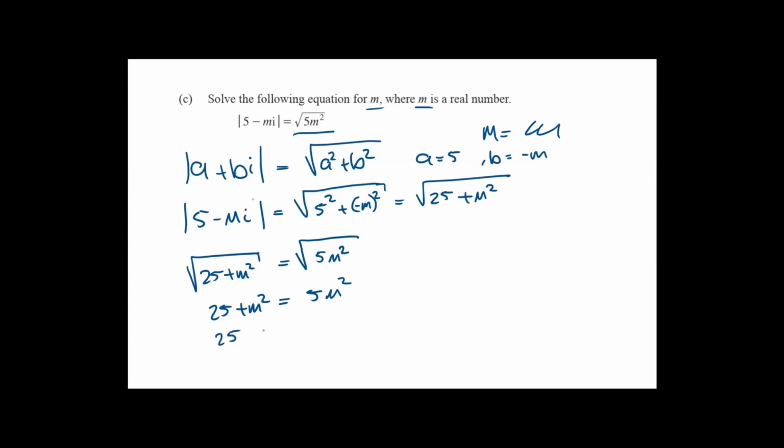So 25 equals 4m squared. So m squared is going to be equal to 25 over 4. So therefore m is going to be plus or minus the square root of 25 over 4, so that's going to be plus or minus 5 over 2, which then I would say 5 over 2. That's our answer.